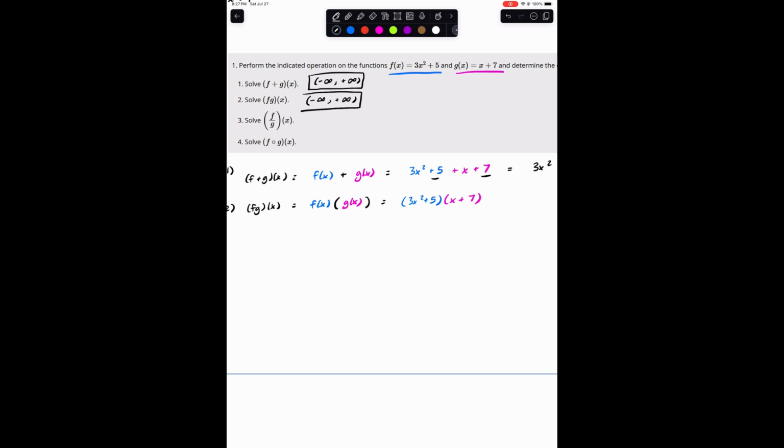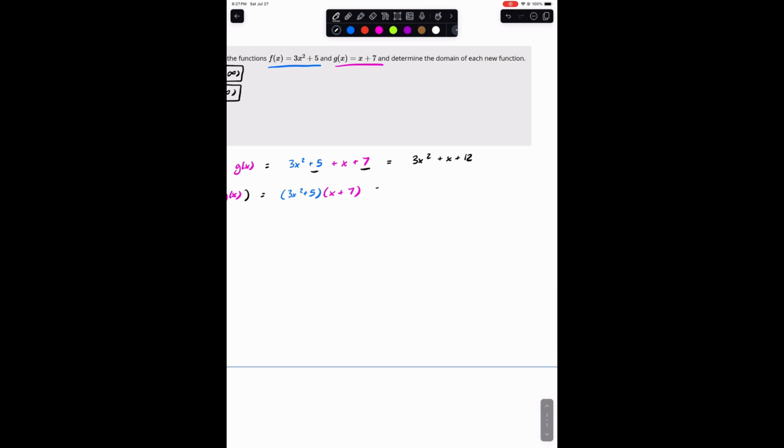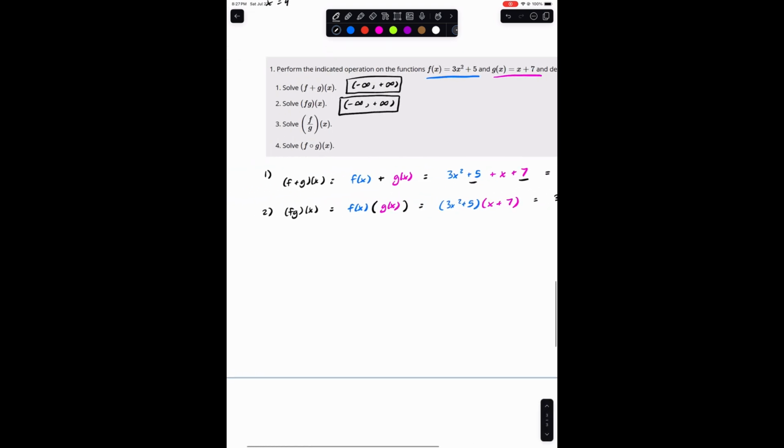We're not going to create any restrictions for multiplying these whole values, right? But for the sake of completion, I'm going to solve it anyways. 3x cubed plus 21x squared plus 5x plus 35. That's neatly in order already. And from this, you can clearly see that there's no fractions, there's no radicals with even roots, and there's no logarithms with non-positive bases.